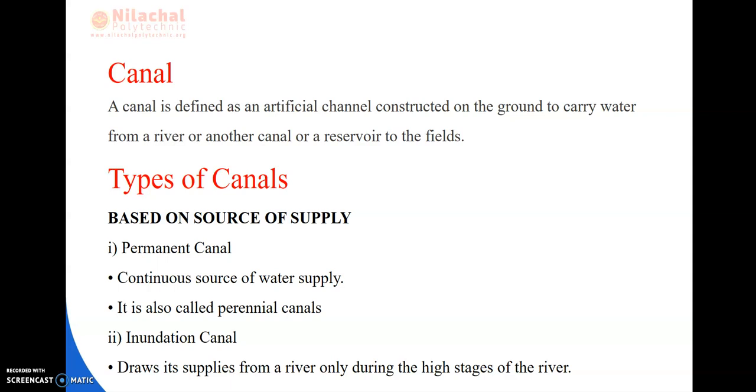First, based on the source of supply, there are two types: permanent canal and inundation canal. A permanent canal has a continuous source of water supply, so we call it a perennial canal. But an inundation canal draws its supplies from a river only during the high stages of the river.